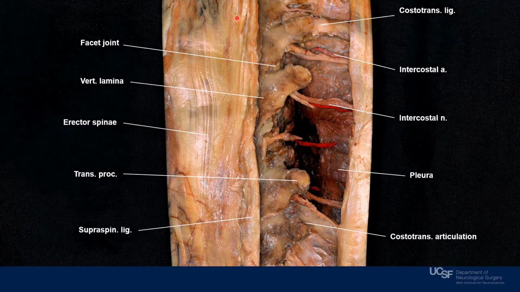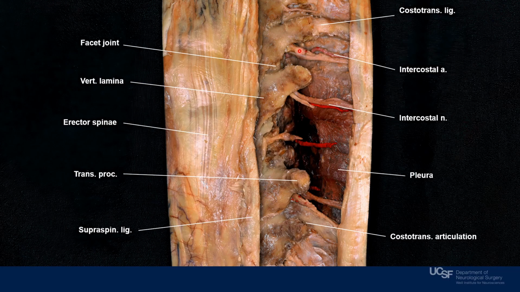The thoracic aorta lies at the mid left parasagittal portion of the vertebral body, meaning that the right intercostal artery has a longer course compared to the one on the left side.